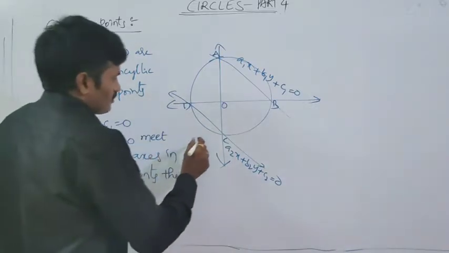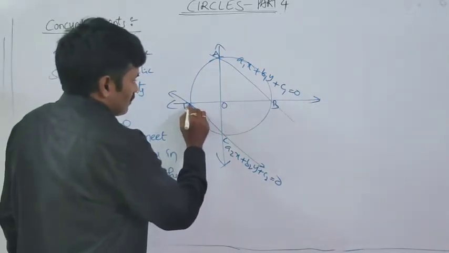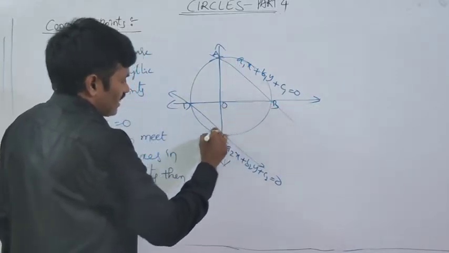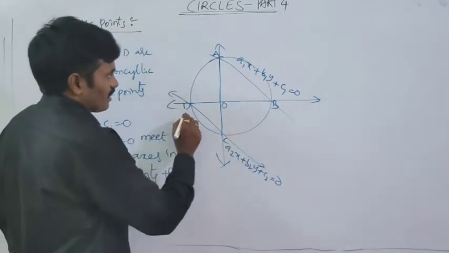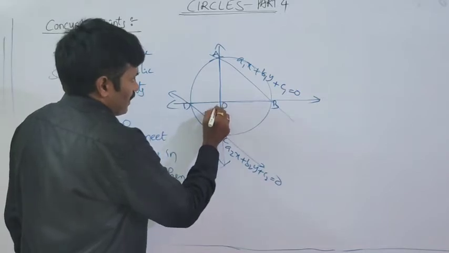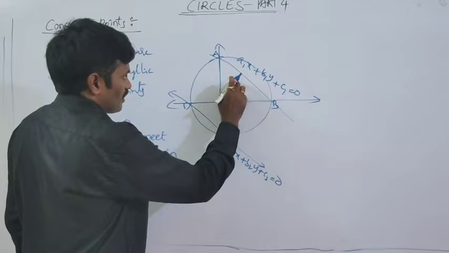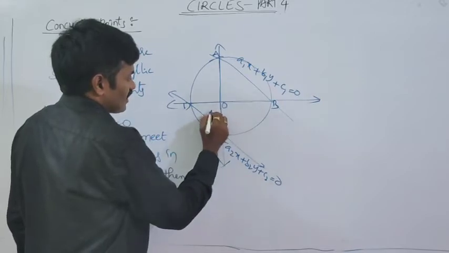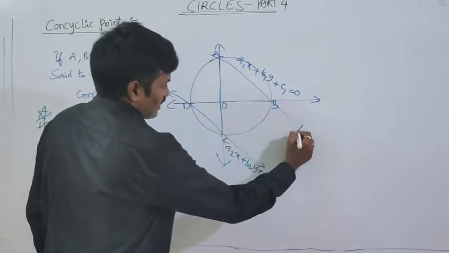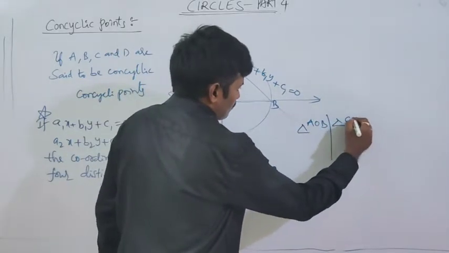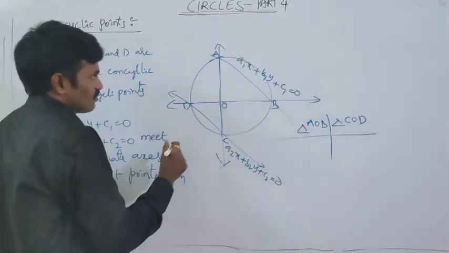Now, if you observe here, these two behave like chords, right? By comparing, we found two triangles. The first triangle is AOB, and another triangle is COD.